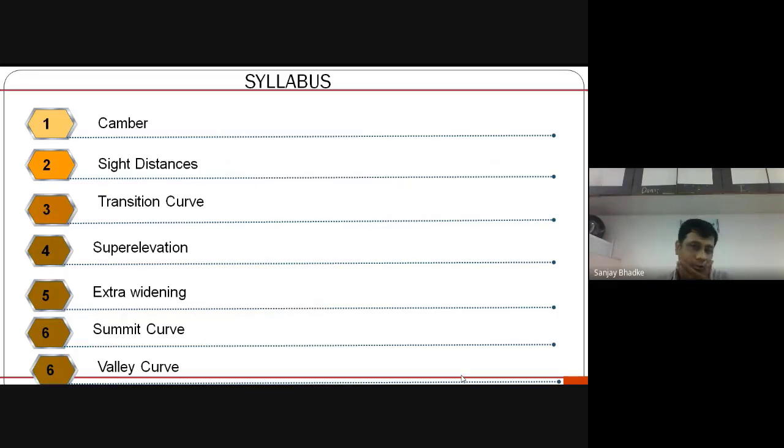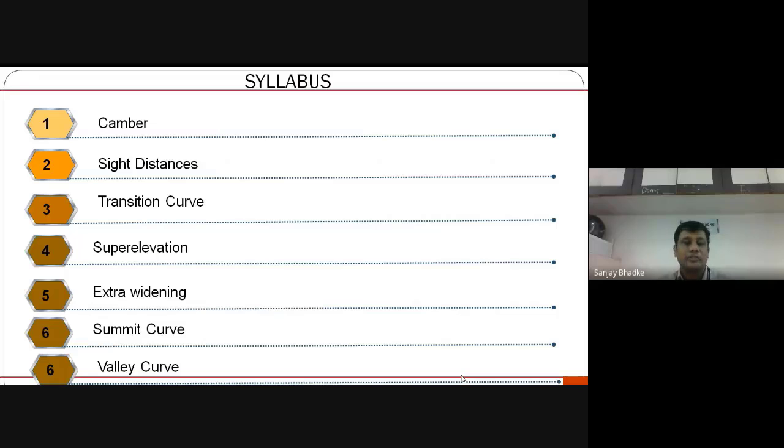summit curves, and valley curves. So we know that when we are going for any type of transportation related works, it is very important that we should have the design of chambers, and one should have knowledge of the side distance. One should know what is meant by the transition curve, what is the effect of super elevation, and counterbalancing of centrifugal force.